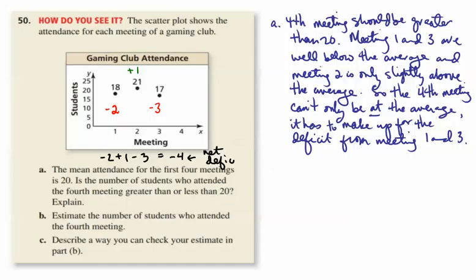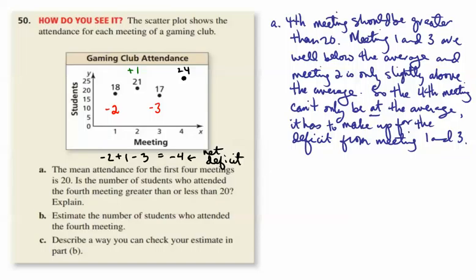So that means that we probably have to hit about 24, or exactly 24, for the 4th meeting. And let's see, using algebra now, describe a way you can check your estimate in Part B.